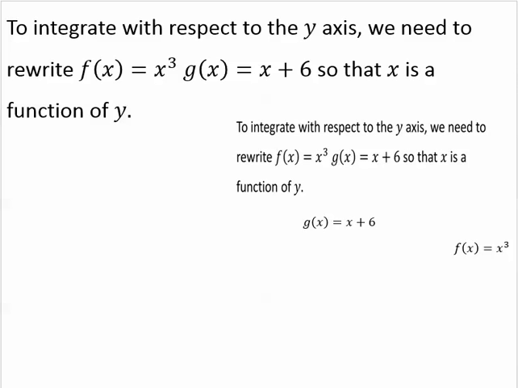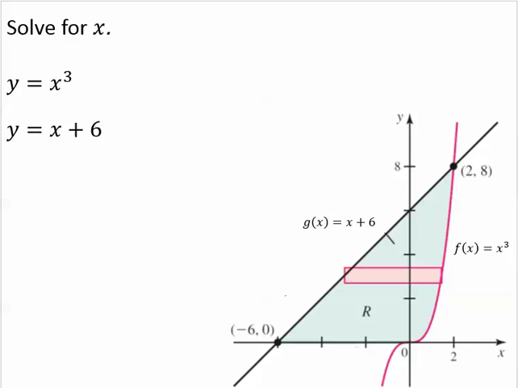So to integrate with respect to the y-axis, we need to rewrite f and g so that x is written as a function of y. So we've got y equals x to the third power, and y equals x plus 6. So that's how the functions were given to us. We need to change them so that x is a function of y, and to do that, solve for x.